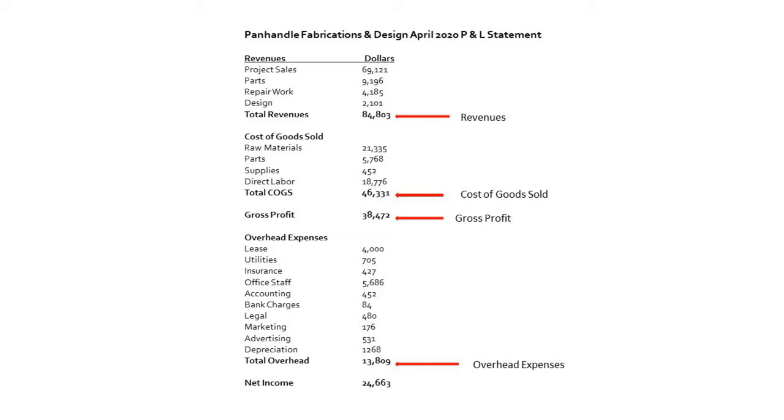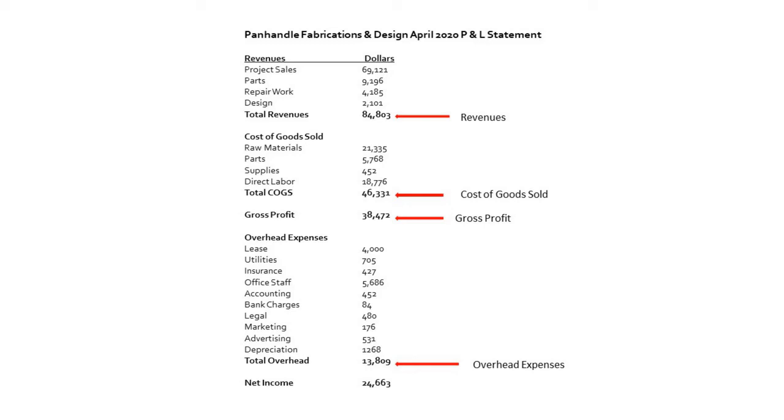For example, in this particular profit and loss statement, we have a lease of $4,000 a month, we have utilities, we have insurance, and although these things can't be identified with any particular sale, they are absolutely necessary in order to be able to make the sales that we do make. And so this is why we call the overhead expenses the infrastructure of the business.